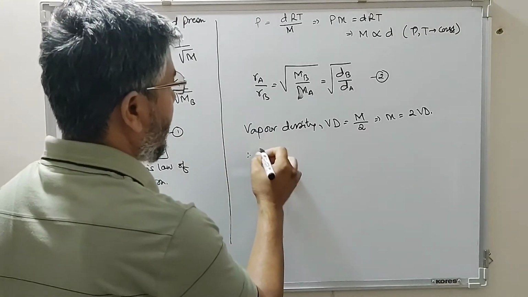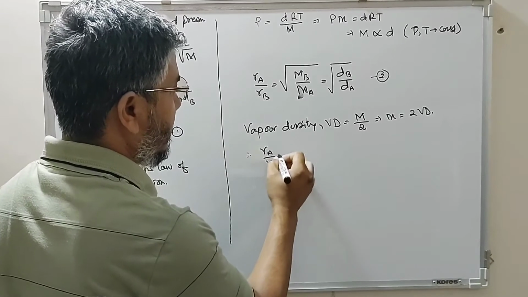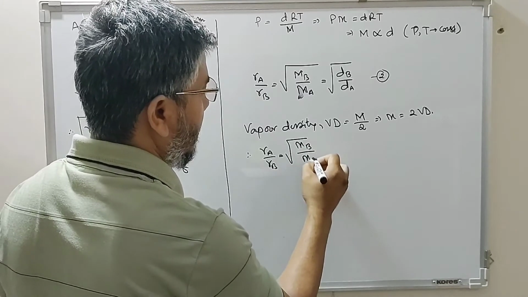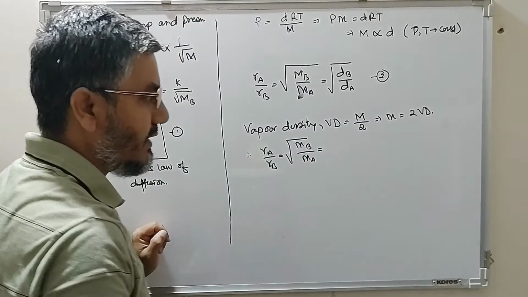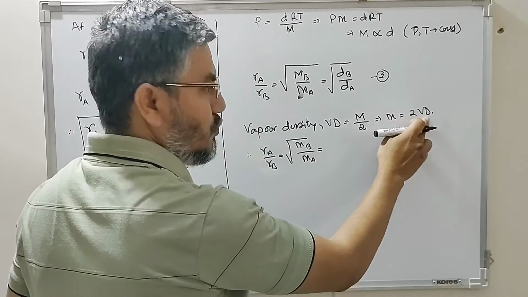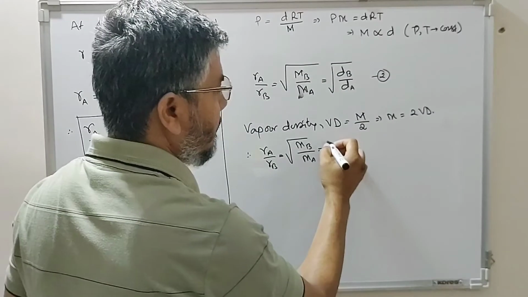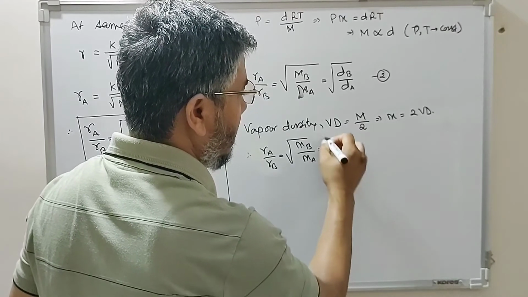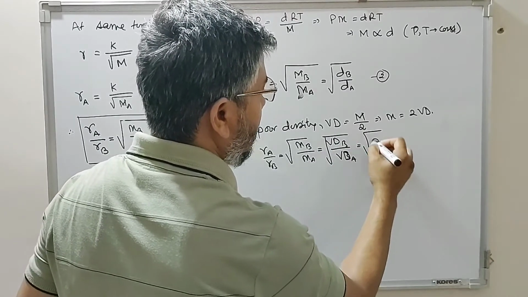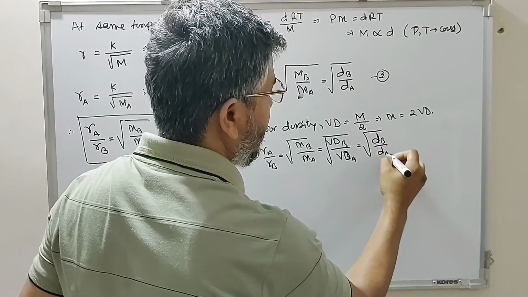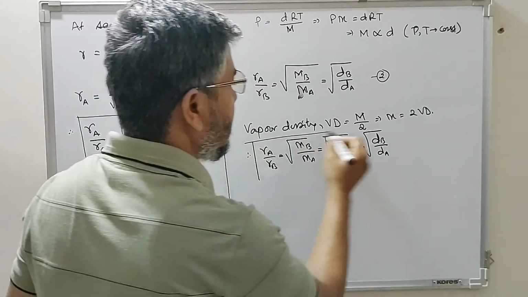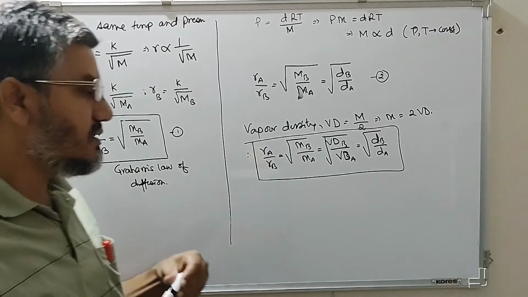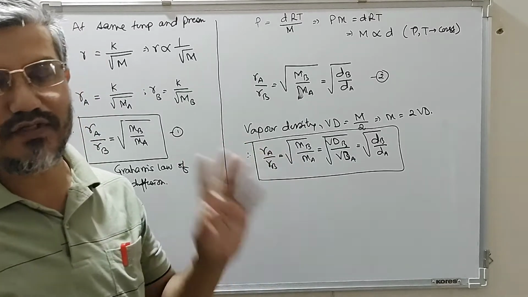So Ra by Rb is equal to square root of Mb by Ma. We have molecular mass equal to 2 times vapor density, so the 2 will cancel out. So we have the square root of vapor density of B divided by vapor density of A, which is equal to the square root of density of B divided by density of A. So we say the rate of diffusion or effusion is inversely related to the vapor densities of the gas.